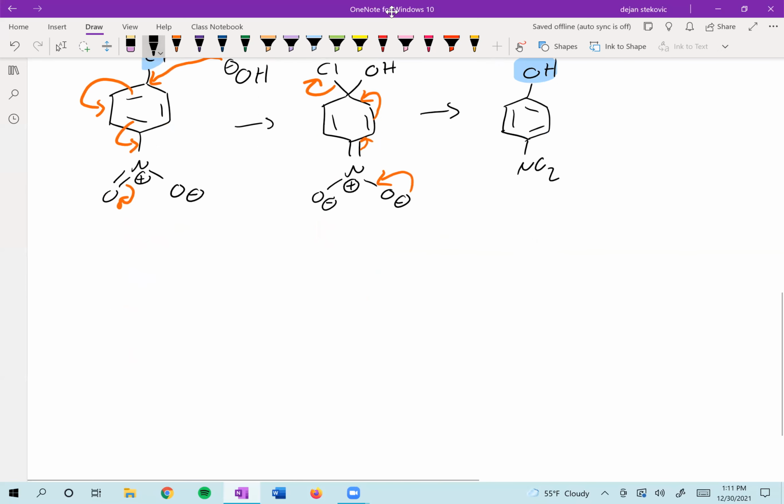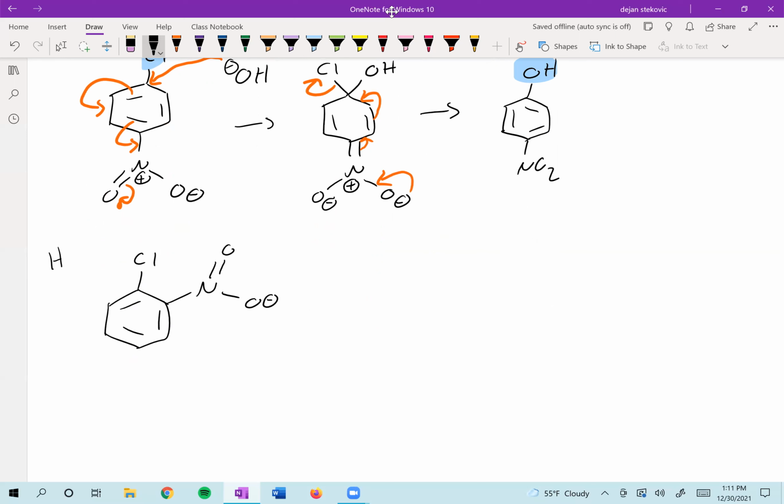We can draw basically the same exact mechanism when the leaving group and the withdrawing group are ortho to one another, as opposed to para. All right, we can kick these electrons all throughout. Don't forget the positive charge on that nitrogen. I always do.